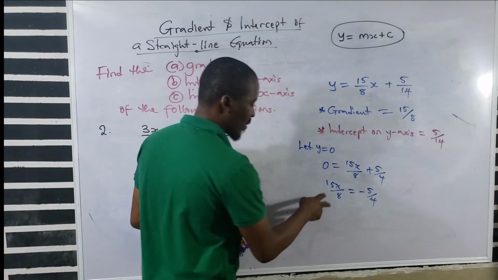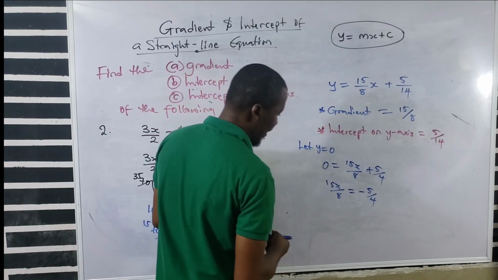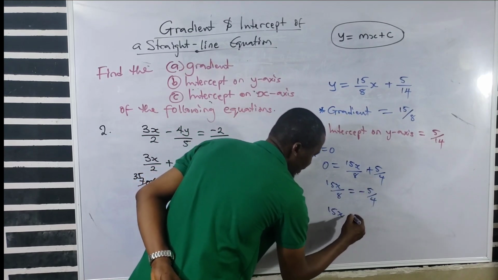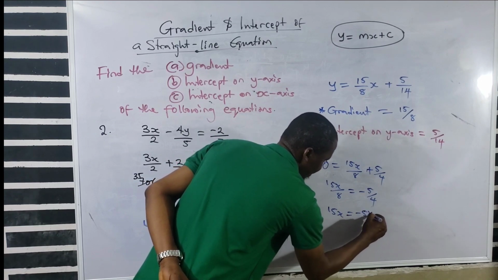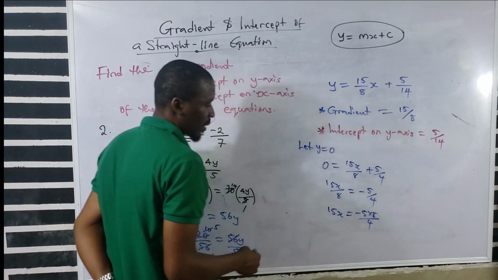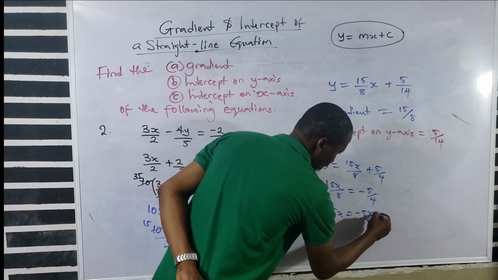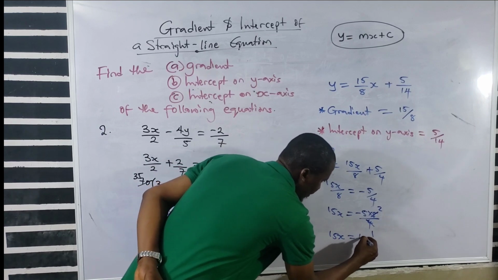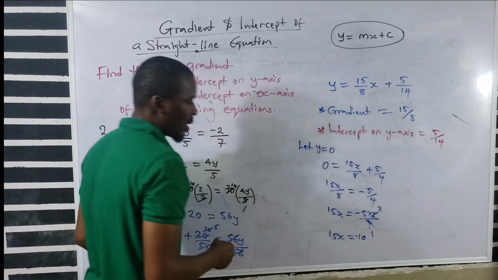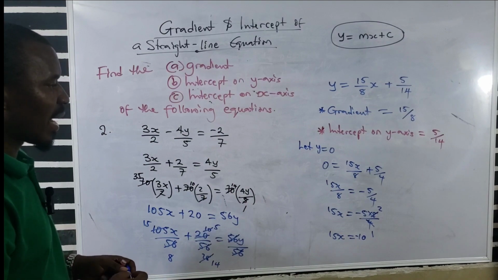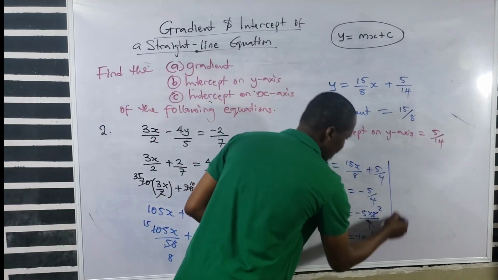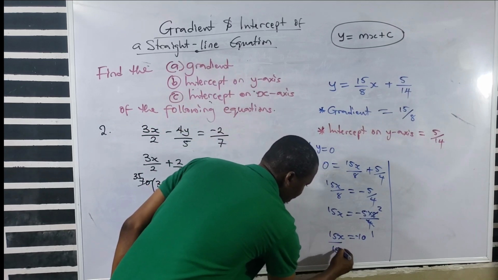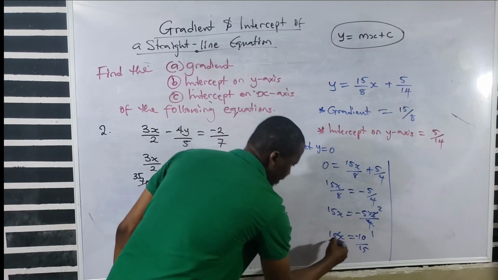So with what I have now, you cross and multiply. When you cross and multiply, you have 15x, this one coming over there, equal to minus 5 times 8 over 4. 4 here will give me 1, 4 here will give me 2. So I have that 15x equals minus 10. When you divide both sides by 15, this and this will go.